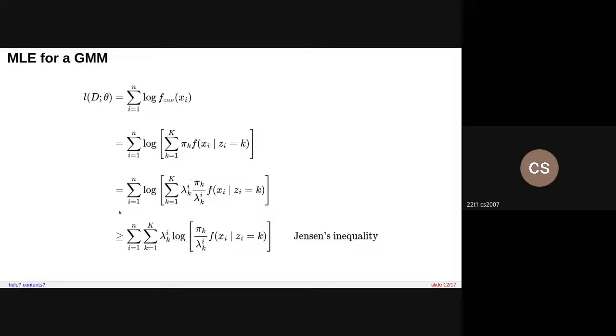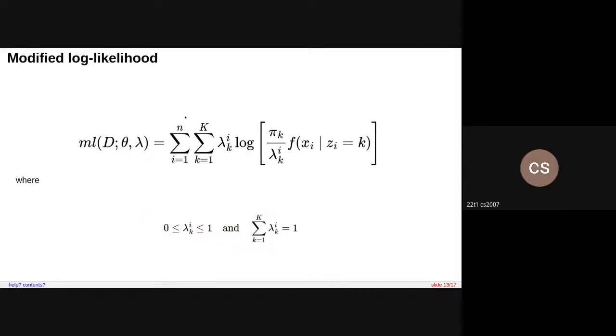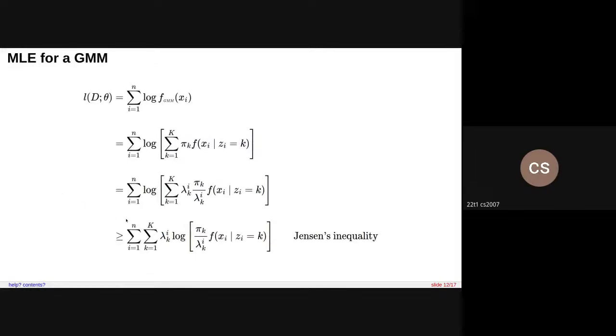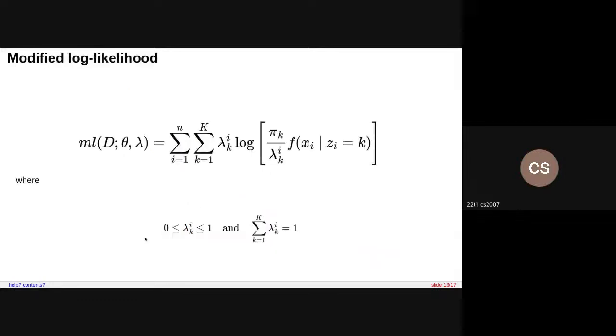Okay, so is this clear to all of you? Yes, sir. Okay, right. So from now on, we'll work with what is called this modified log likelihood, which is what we'll be trying to optimize. Okay, and I think you all remember what Professor mentioned, that this is a bound for the likelihood function. What kind of a bound is it? Is it an upper bound or a lower bound? Lower bound. Lower bound, right? So it's a lower bound.